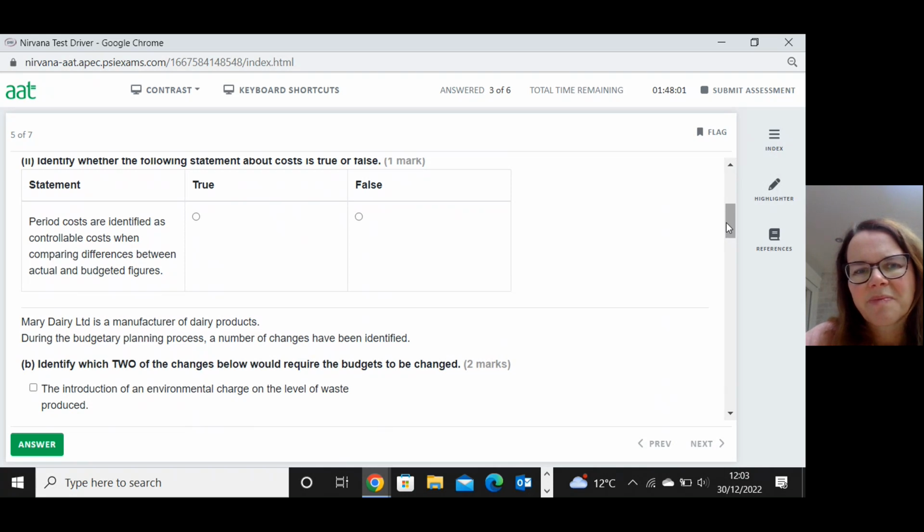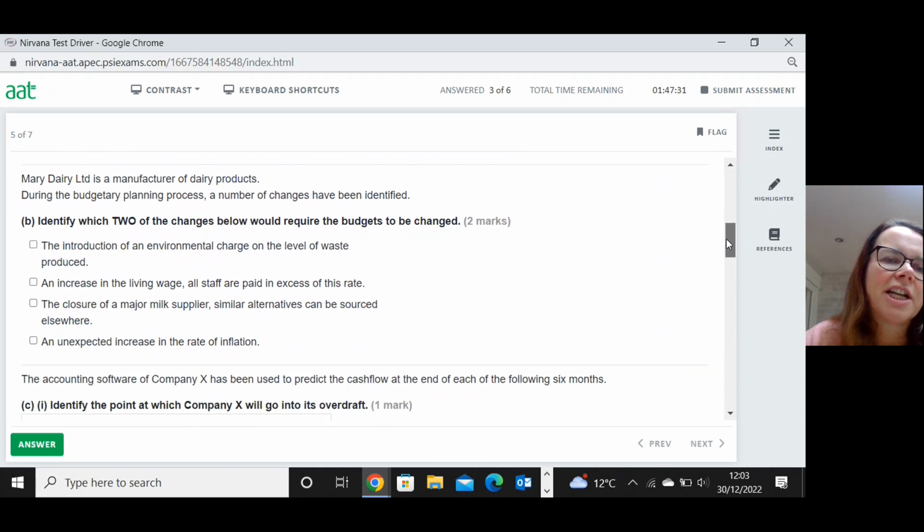So there's not much maneuverability with those. So I'm going to say that this is false. They're not controllable. They're going to have to happen at that point in time. Not terribly happy with that question, but that would be my rationale.